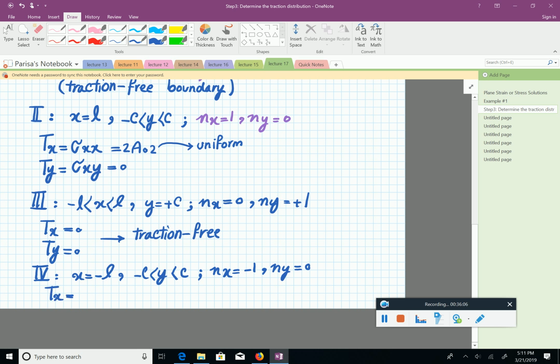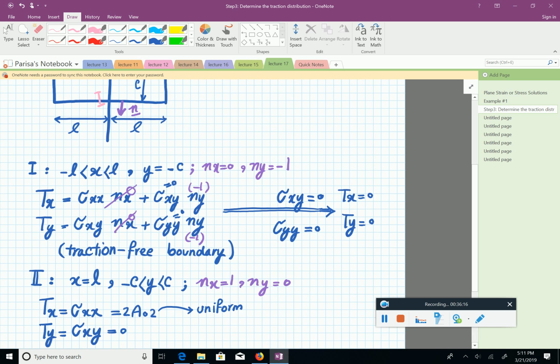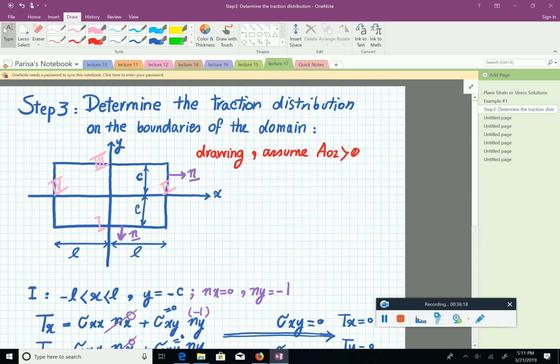Tx is exactly -2A02 and Ty is 0. Okay. Now, if you assume that A02 is positive for the purpose of drawing, just draw these boundary conditions that we found.